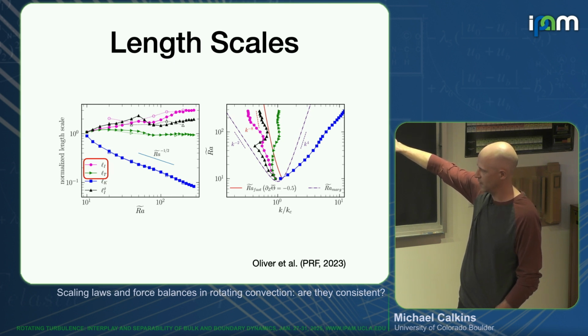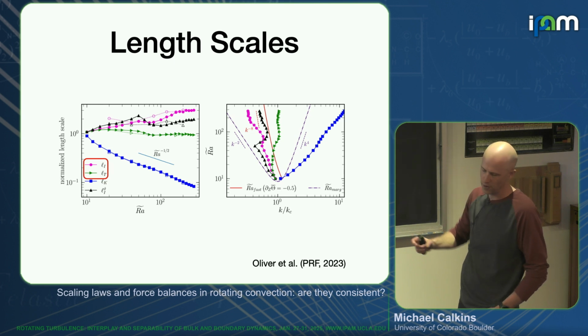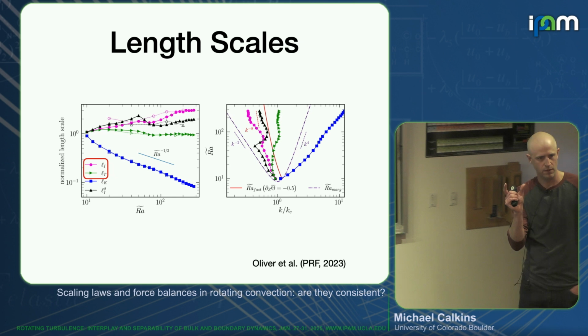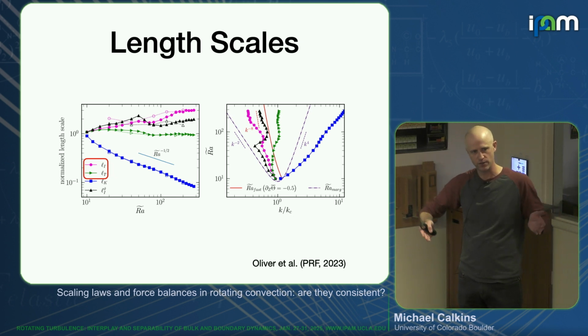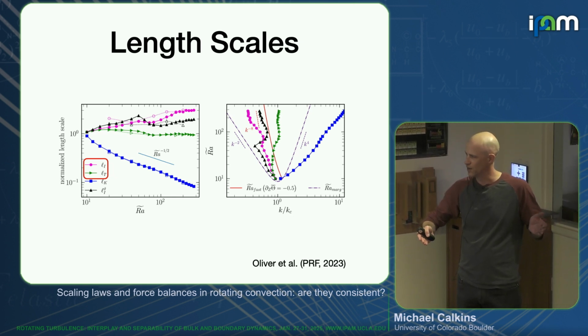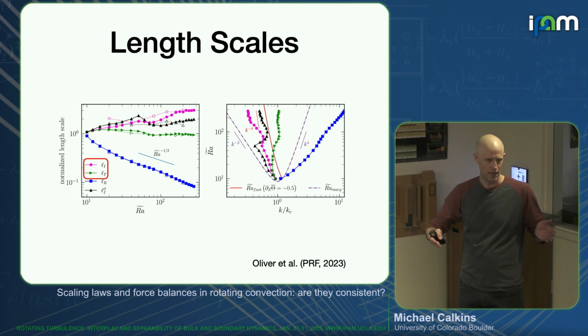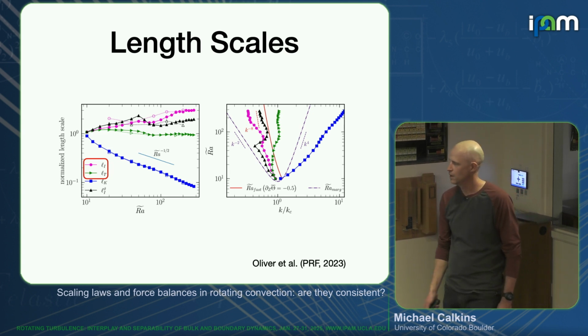And what you see is that the integral length scale, the magenta, and the Taylor microscale, they're all within this envelope that's bounded by the marginal stability curve. So it's essentially telling us that these length scales all remain comparable to the critical horizontal wavelength in the system. In other words, viscosity continues to play a role even at very high Rayleigh number.